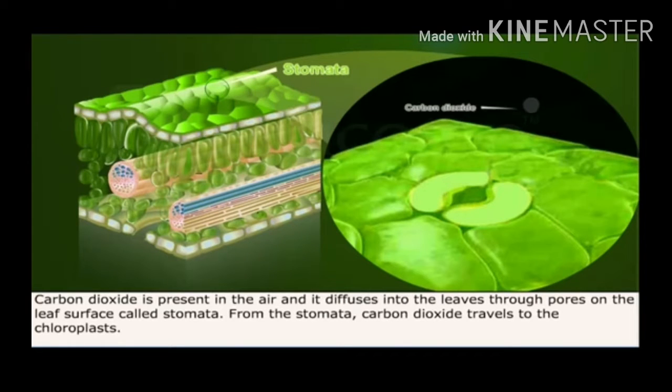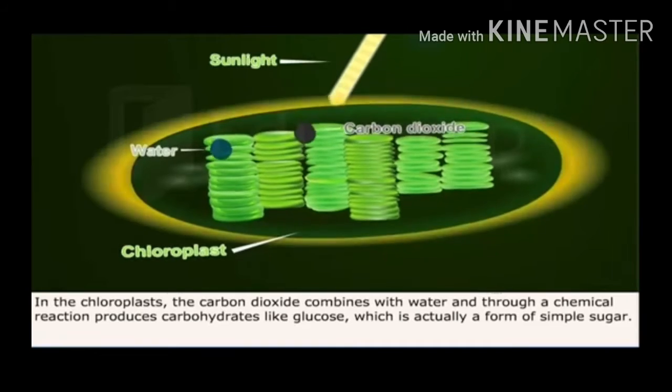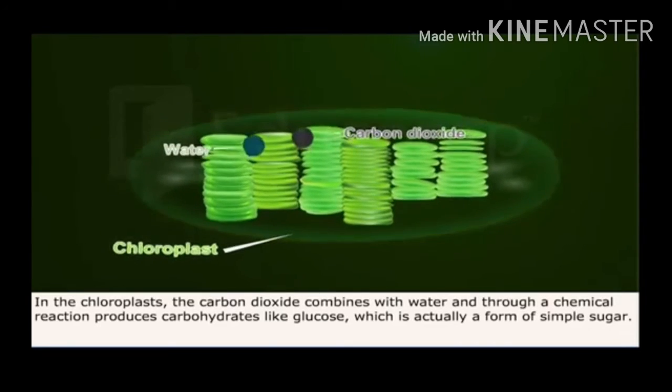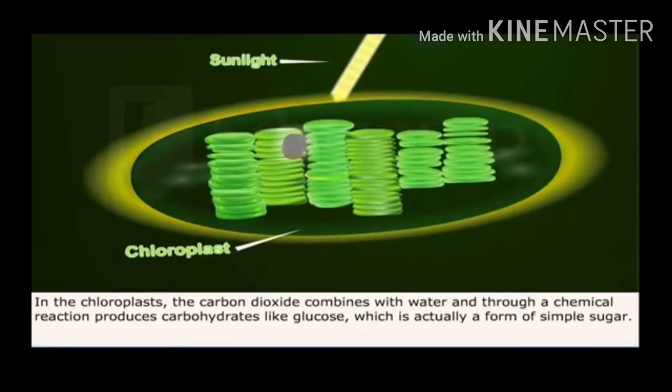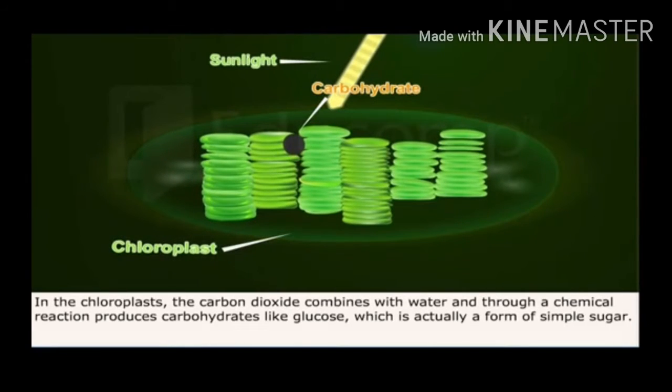From the stomata, carbon dioxide travels to the chloroplasts. In the chloroplasts, the carbon dioxide combines with water and through a chemical reaction produces carbohydrates like glucose, which is actually a form of simple sugar.